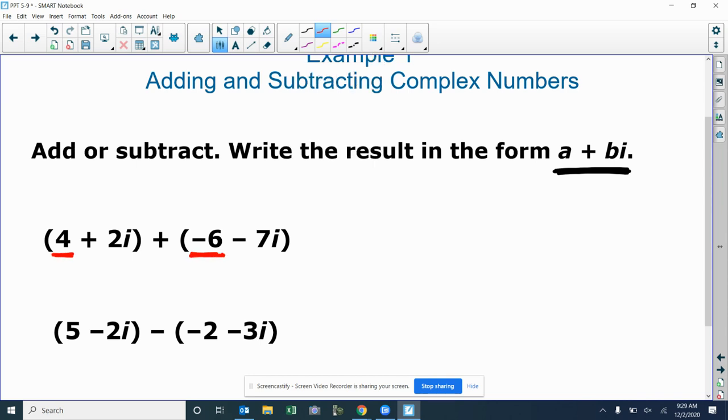We have plus -6, so we're gonna add those two real parts together. 4 minus 6 would give me -2. Now I'm gonna go for the complex part, plus 2i minus 7i, minus 5i. And there you have added those numbers there. My friends, that's pretty straight up and simple today, isn't it?